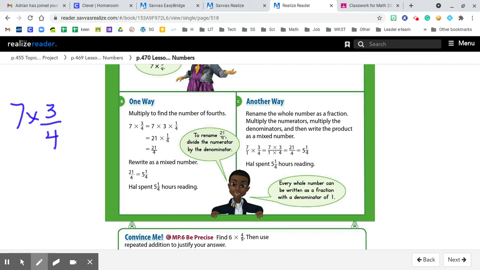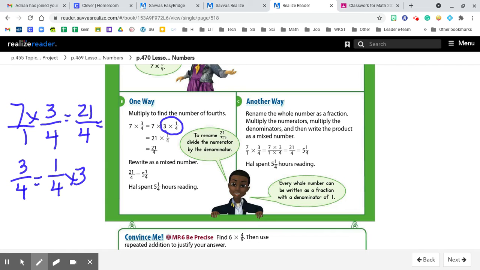The book is actually saying 3/4 is the same as saying 1/4 times 3. That's why you see this weird little thing there. But you can save time by just leaving it as 3/4. Multiply the top, multiply the bottom, and then take the improper fraction and show it as a mixed number, which is 5 1/4.